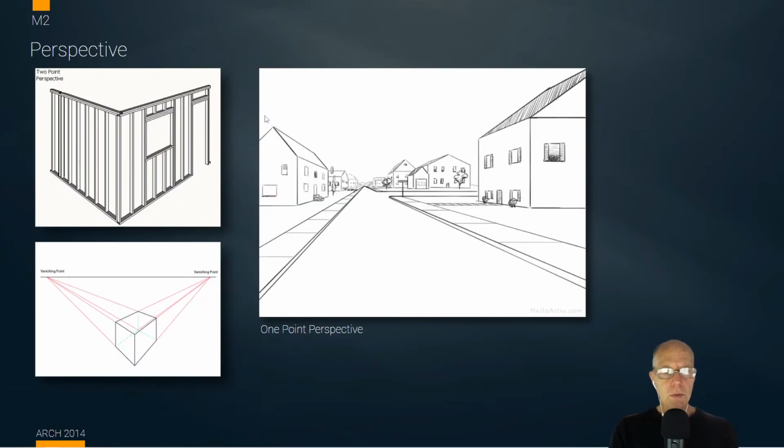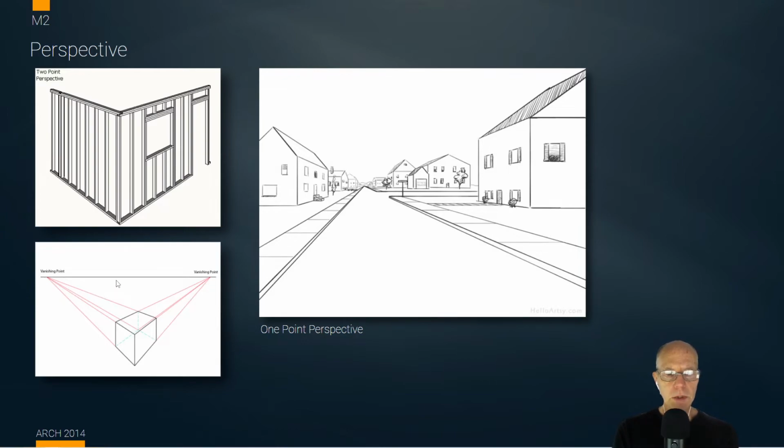So if I was to visualize this idea of perspective, we have on the top left a wood framed wall. And you can notice how we know that the wall is really a level wall. We're not making an angled wall, but the wall is receding away from us. And it's done in a fashion which is called two-point perspective. There are two vanishing points, as illustrated on the bottom left by this drawing.